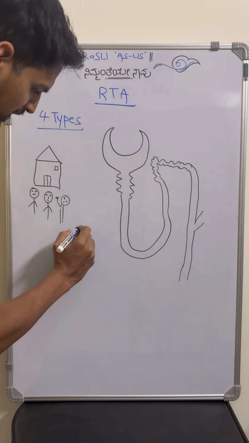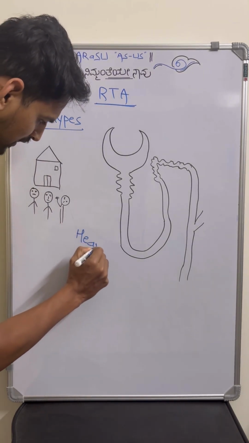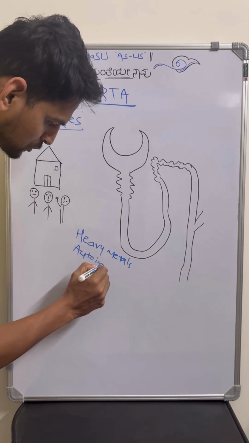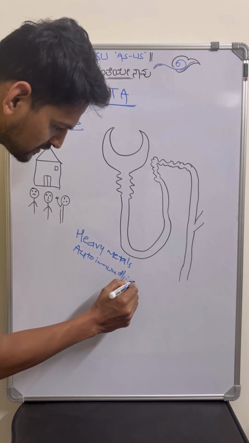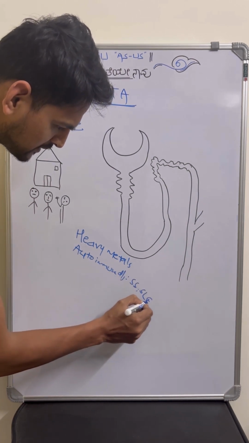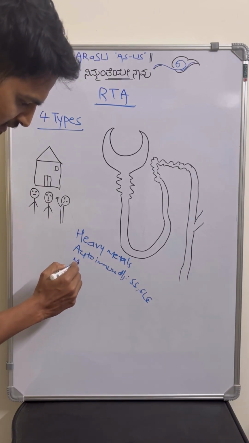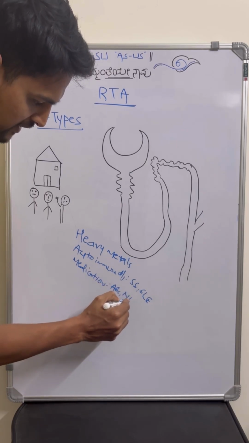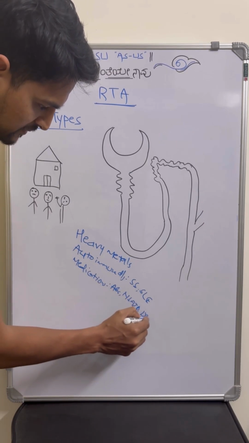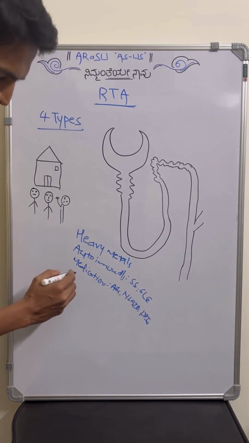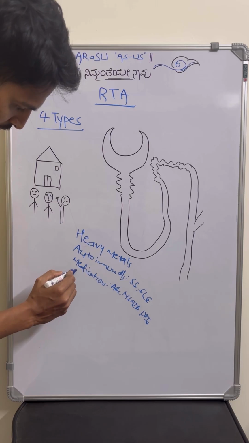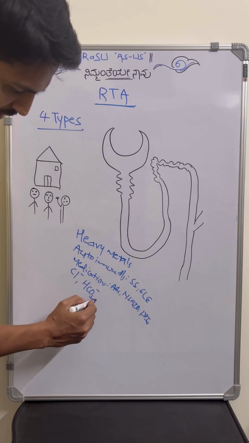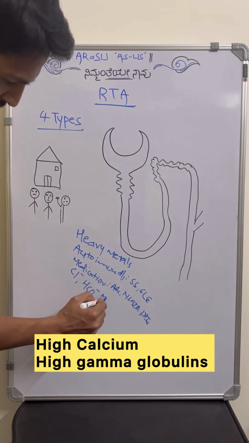Considering here mainly some heavy metals, some autoimmune diseases such as systemic sclerosis, SLE, etc. Then some medications, especially a few antibiotics and NSAIDs, PPIs, etc. Then some mutations of chloride channels, bicarbonate channels, and some other mutations.